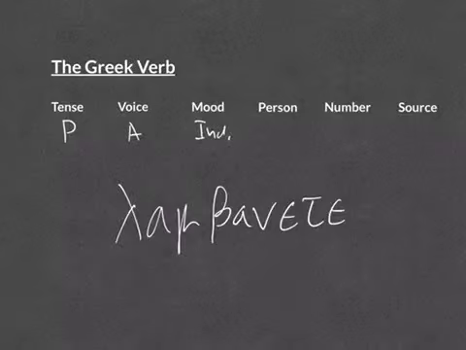So this is from lambano. Where would you initially divide this one up? After the nu, correct. And then, is there any other divides in this one? After the epsilon, yeah. The first epsilon, yep.